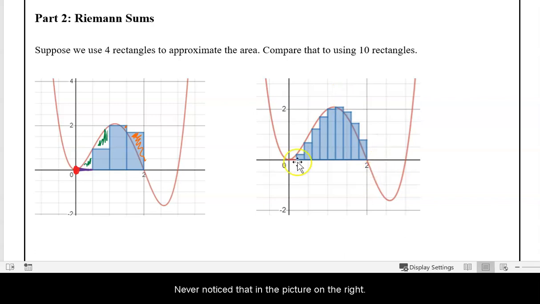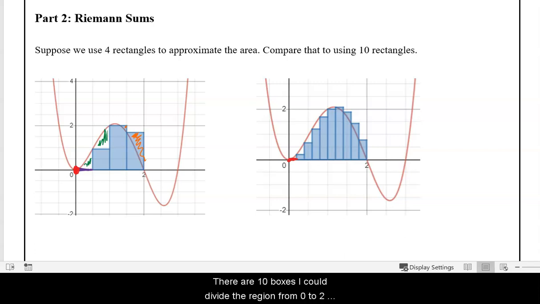However, notice that in the picture on the right, I have changed it instead of 4 rectangles to 10. I still have my one degenerate rectangle sitting right here flat on the x-axis because the y value at 0 is 0. So that is a flat box which has width but has no height.